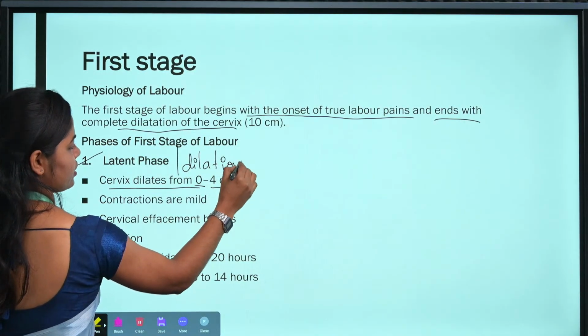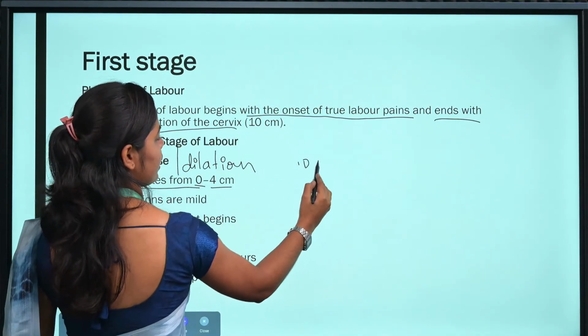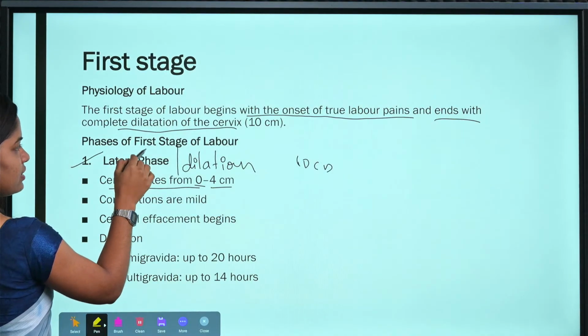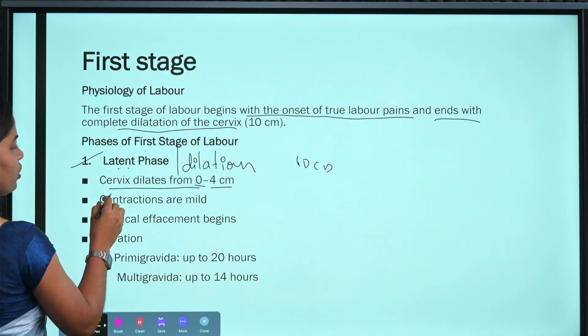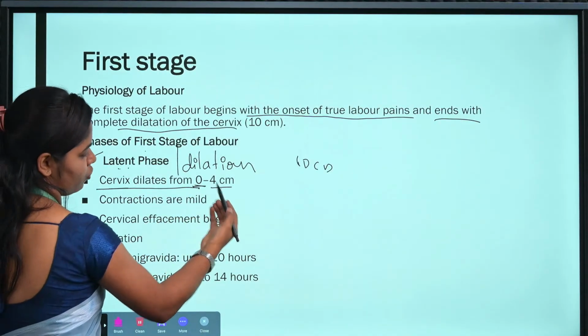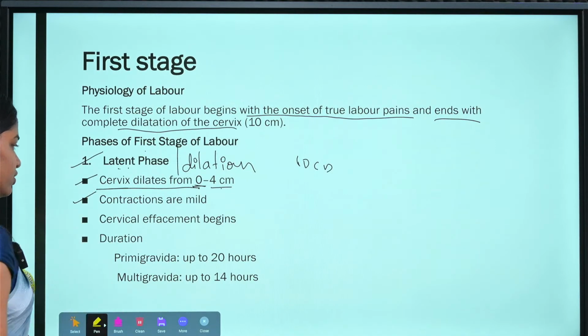In the dilatation stage, the cervix dilates until 10 centimeters. In the latent phase of the first stage, the cervix dilates from 0 to 4 centimeters and mild contractions will be there.